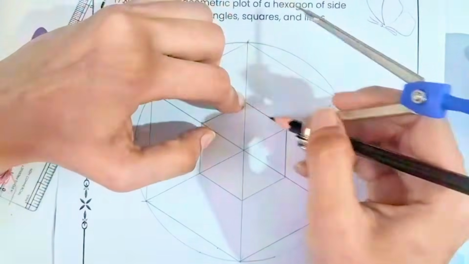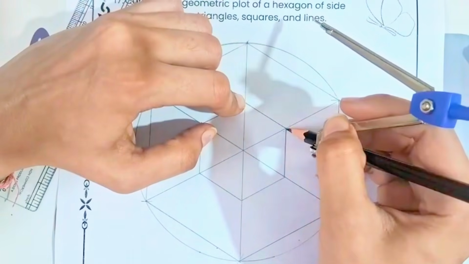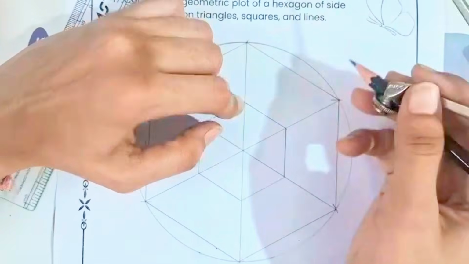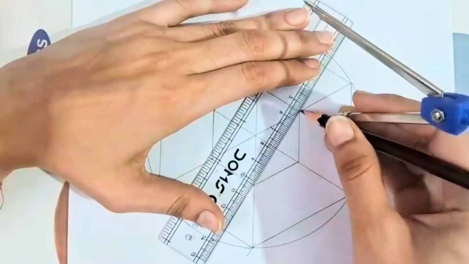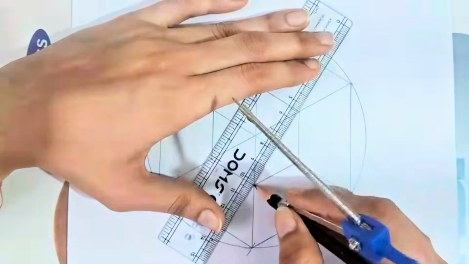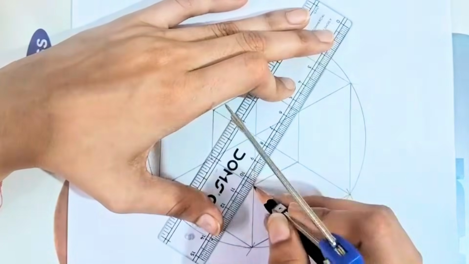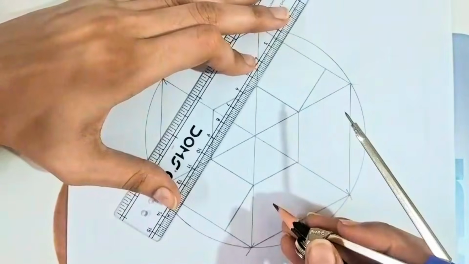Now we will make squares like this. This is one side, second side, third side and fourth side. Put your scale like this, joining this and this point. Now draw a line here, another one here, similarly on the side.